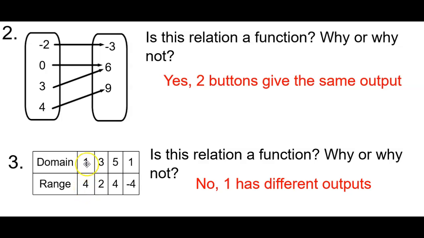If you push on the button 1, you could get 4, or you could get -4. And so when you're looking at that soda machine and you push on the Coke button, you'd be getting a Coke or a Sprite. And if you're pushing the Coke button, you want a Coke, right? So somebody loaded the machine wrong. So this is not a function. It does not function right.